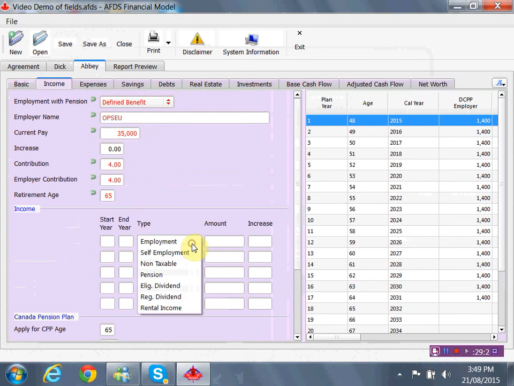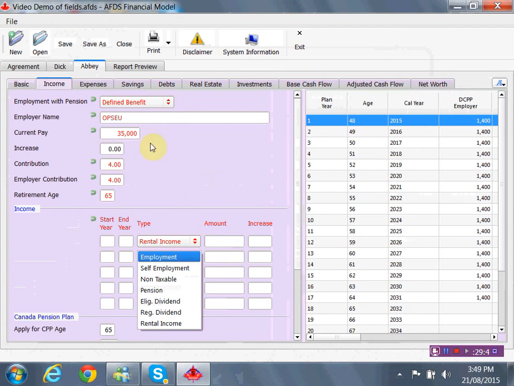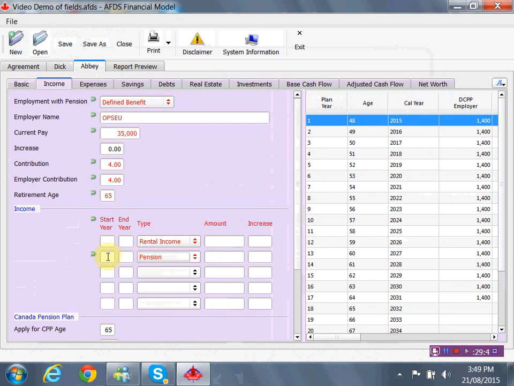And again, other things that could be, there could be rental incomes. You could put in eligible and registered dividends. And again, as we said, you could have the non-taxable. So in this case, we do need to definitely put in a pension amount. And so we're seeing at 65.